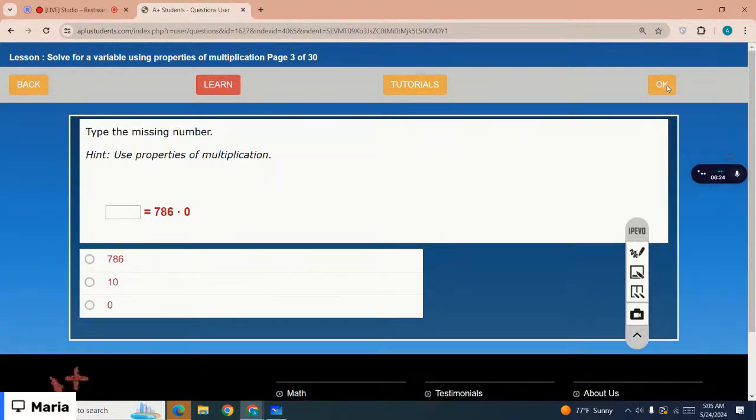Type the missing number. 786 times 0 equals which is the correct option?